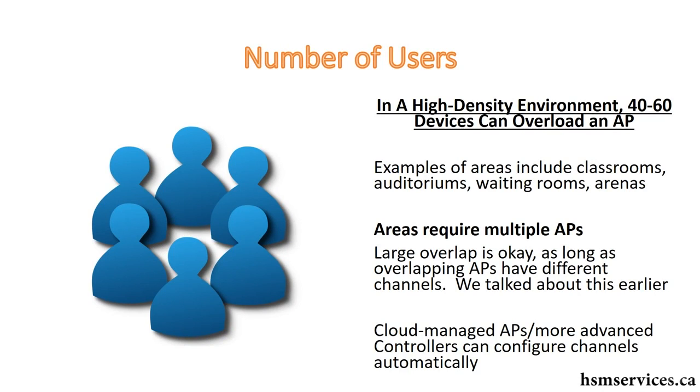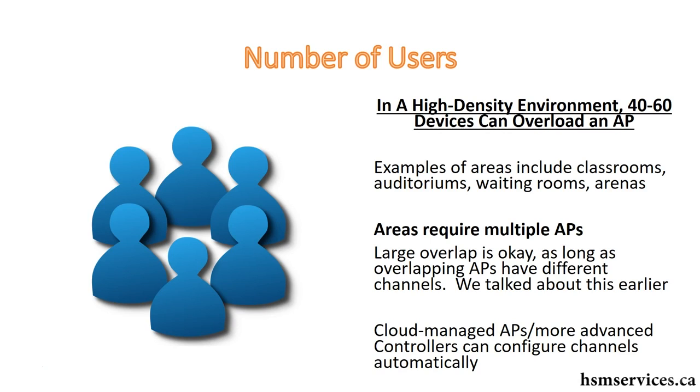If you've got a room, like a classroom, an auditorium, a waiting room, an arena, then your access point has good signal strength in the room, but what it doesn't have is the capability of handling all the devices. So in that case, you have to add more access points to the room. So you might have a room that's 100 feet wide, and you need 5 or 6 access points to handle all the devices.